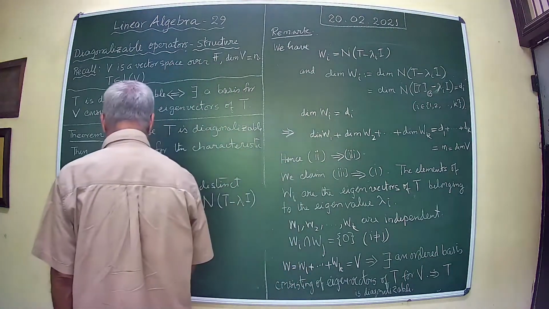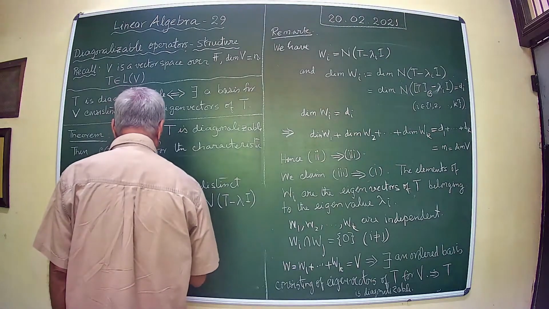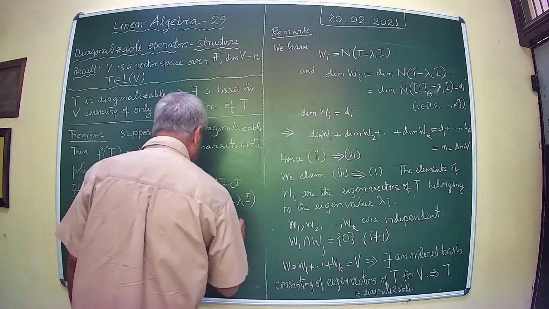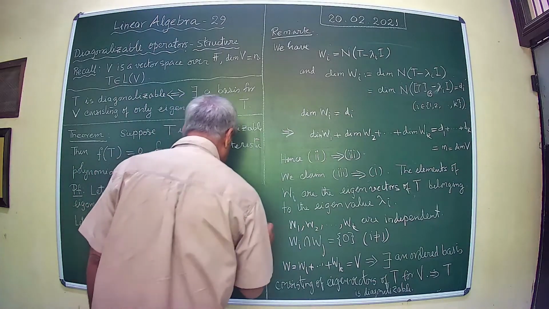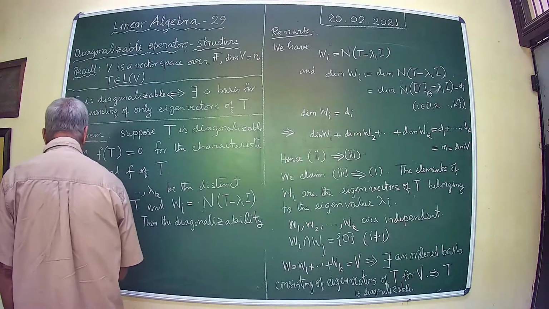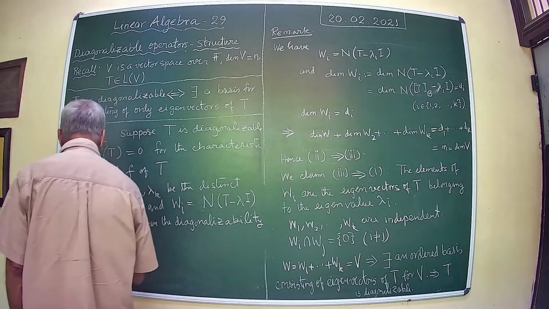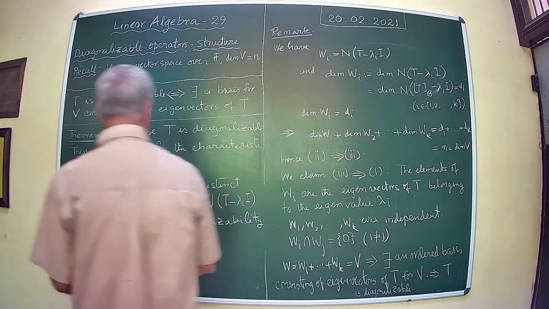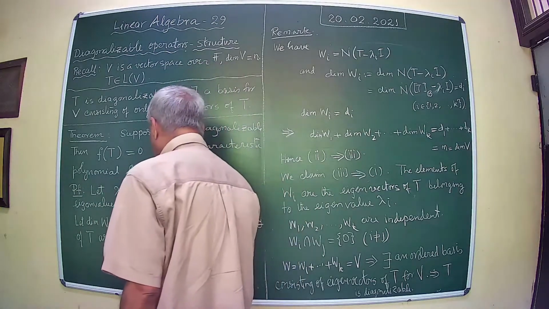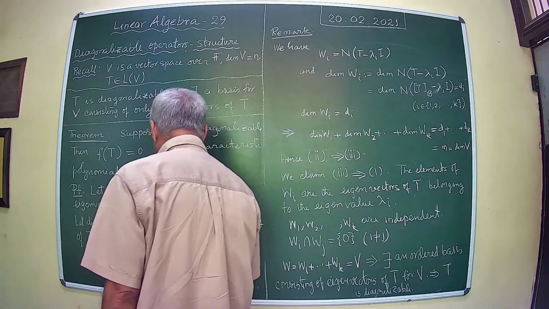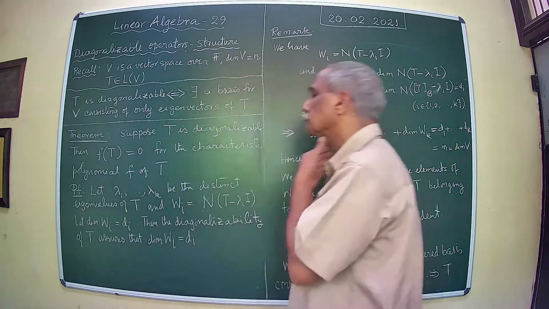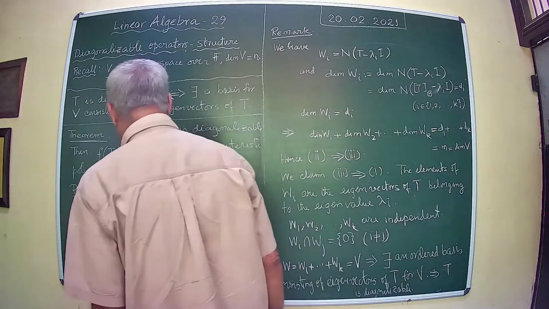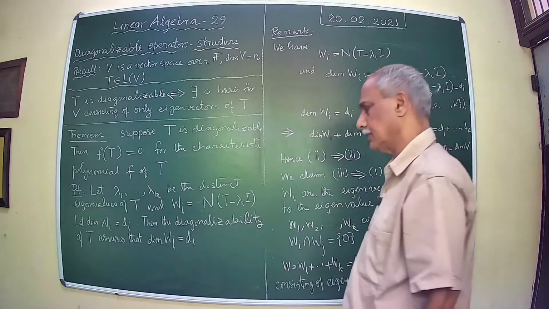Then the diagonalizability of T assures that the dimension of Wi equals the multiplicity of lambda i, that is, the algebraic multiplicity is equal to the geometric multiplicity.